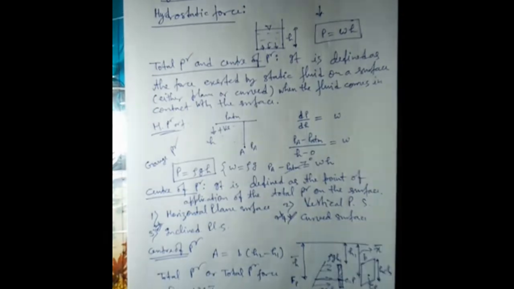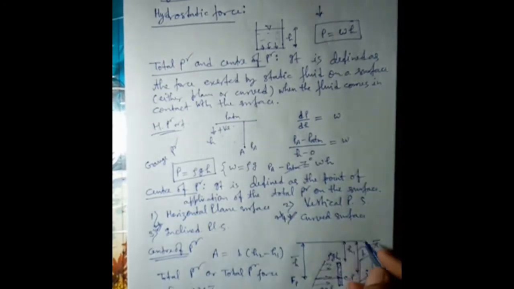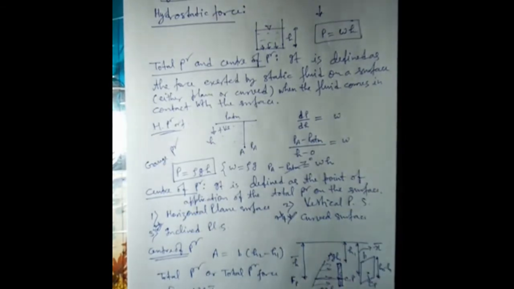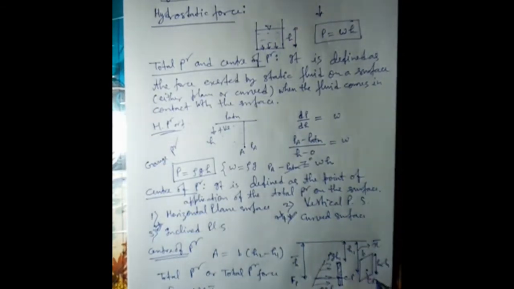W A x bar, where A is the area of the plate and W is the specific weight of water, and x bar is the depth of the center of gravity.